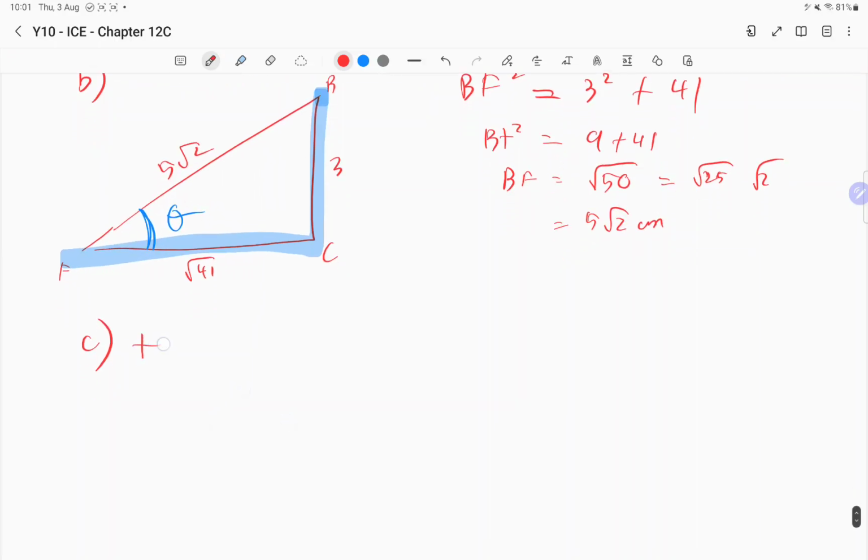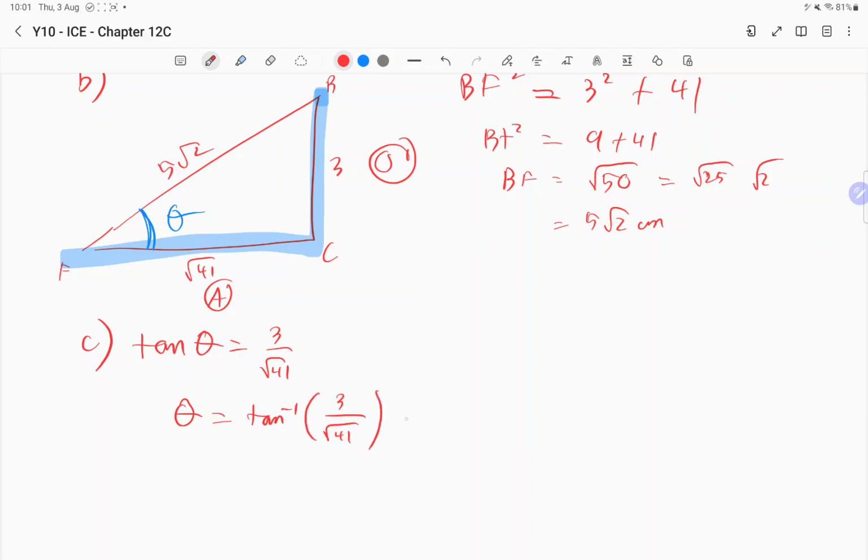In this case, I will try using tangent. Tangent of theta would be opposite, which is that side there, over adjacent, which is this side here. So it'll be 3 over square root 41, and so theta would be inverse tangent of 3 over square root 41. You can punch this into the calculator to get the answer, which should be roughly about 25.1 degrees.